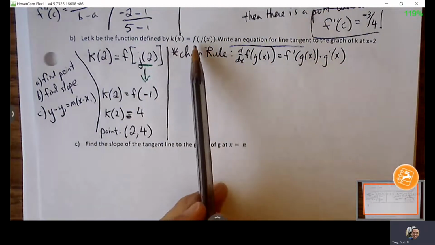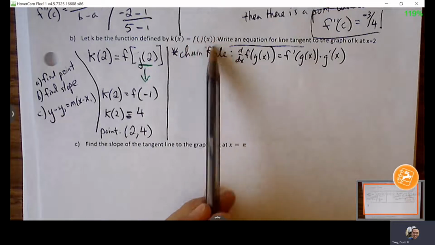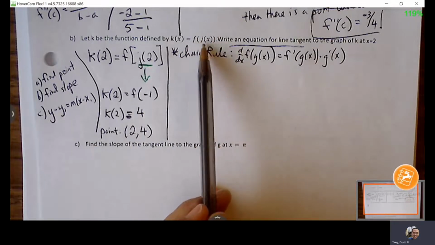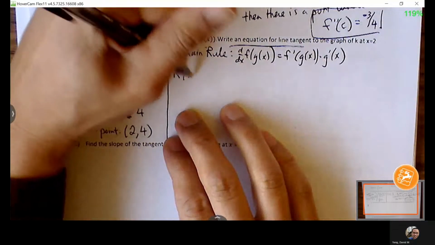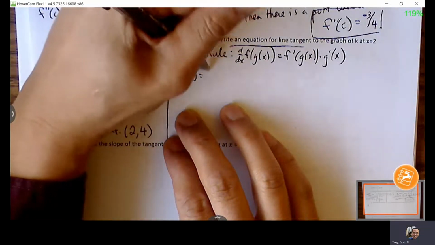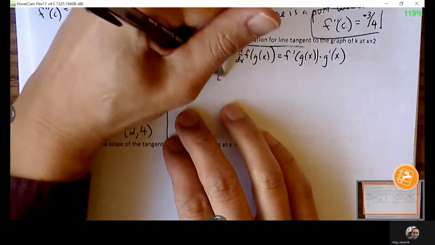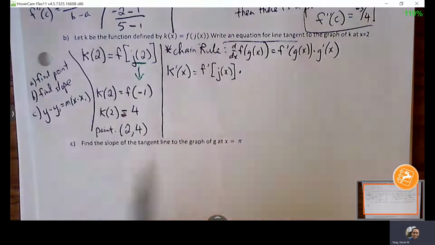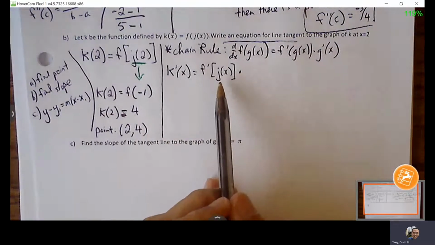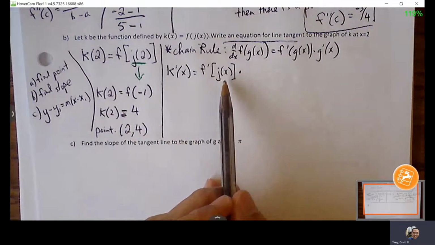So if I want to apply chain rule for this setup, my outside is f, my inside is j. Outside derivative is just f prime times j of x. I'm not ready for j of x yet, so I'm just going to write it as is.